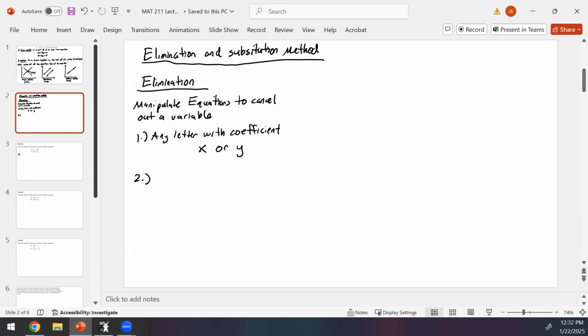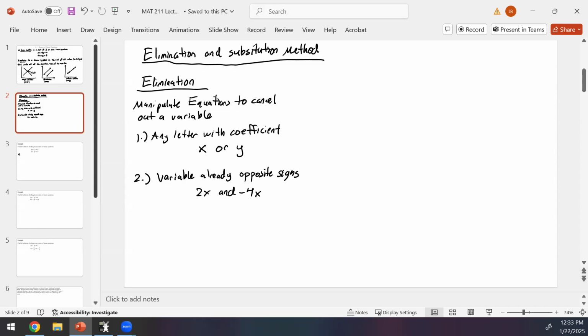Okay, so if there's no X and Y by itself, the next thing I personally look for is a variable with already opposite signs. So basically, that would be like a 2x and negative 4x. They're already opposite signs of each other, right?